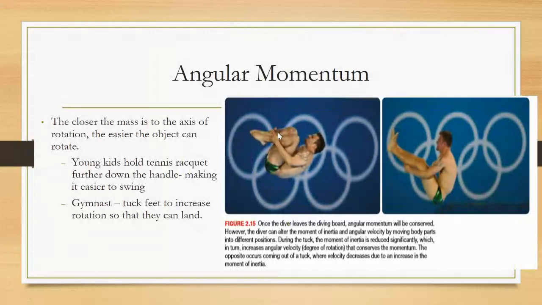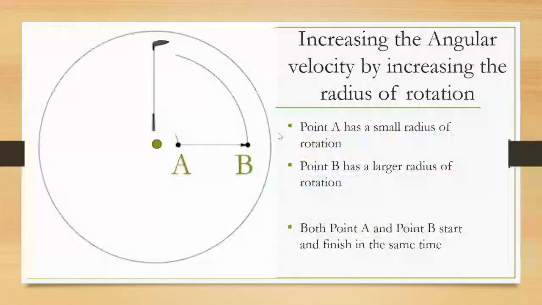All right, now when we're looking at angular momentum and how we can manipulate it, the closer the mass is to an axis, the easier the object can rotate. So we just said before that this will be going faster, but it doesn't mean it's easier. It just means it's going to have more momentum.